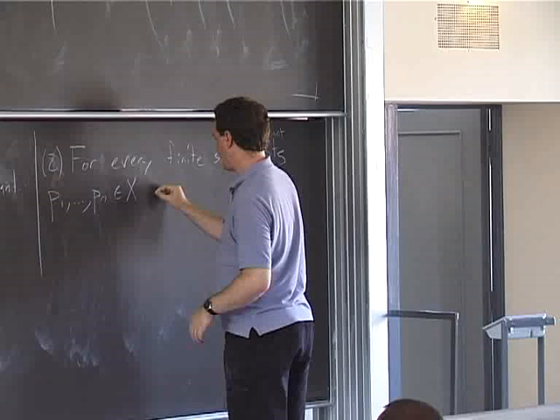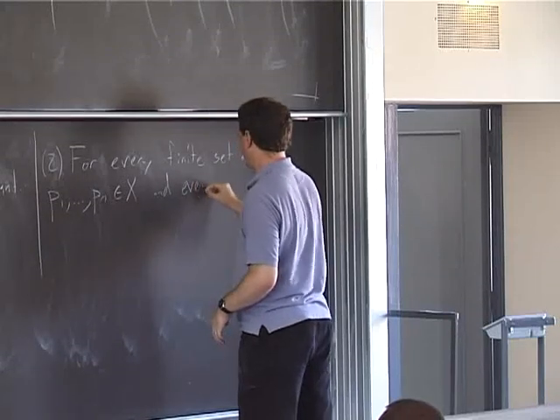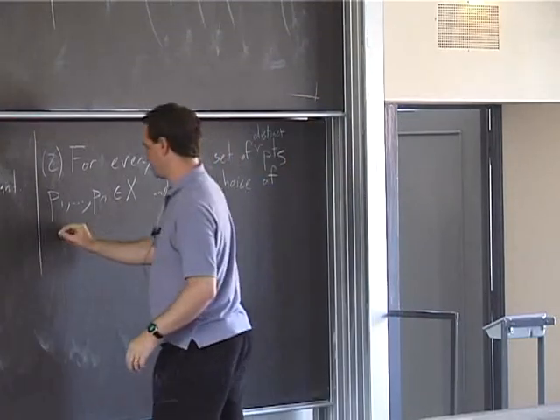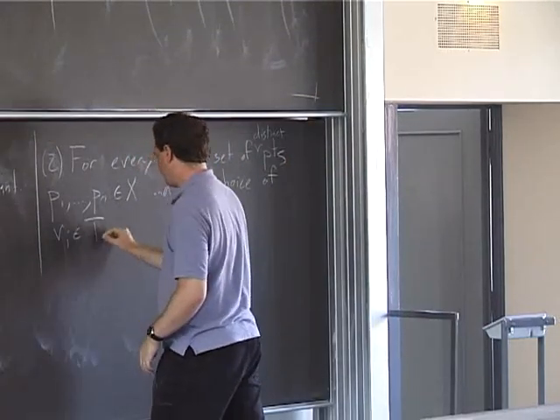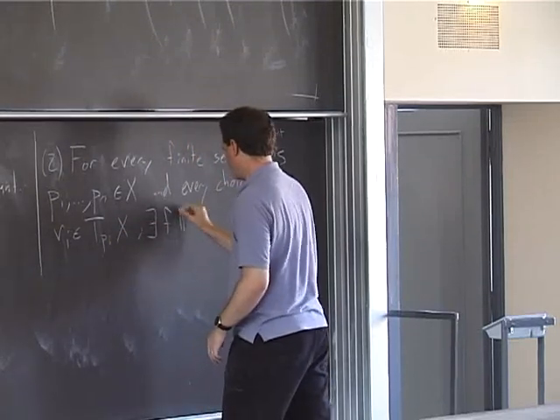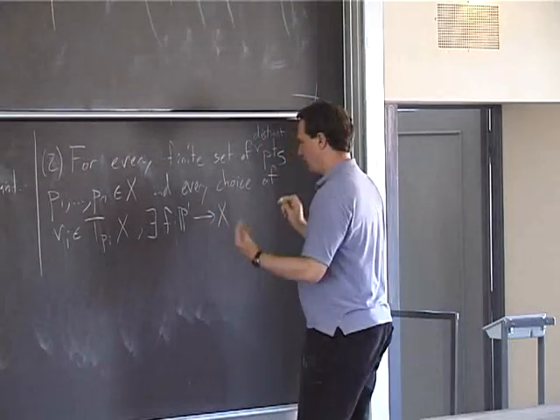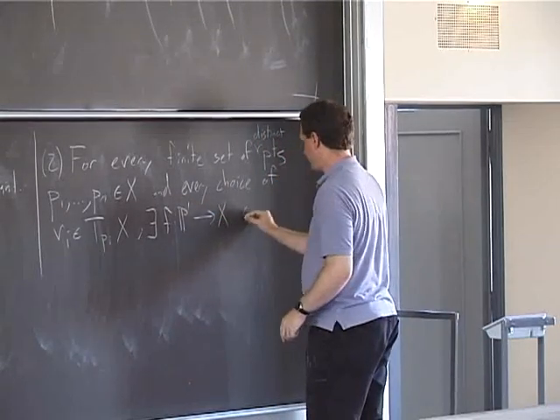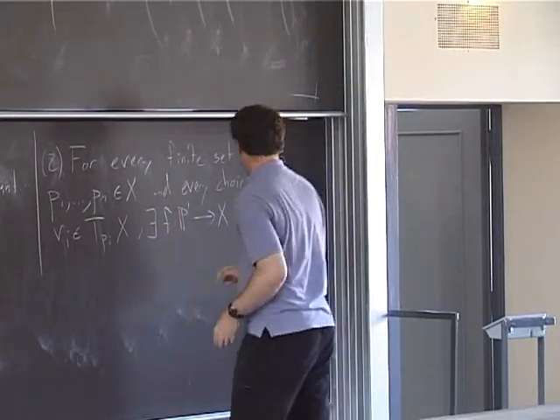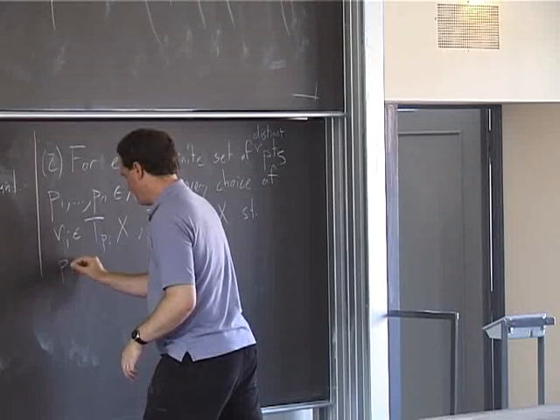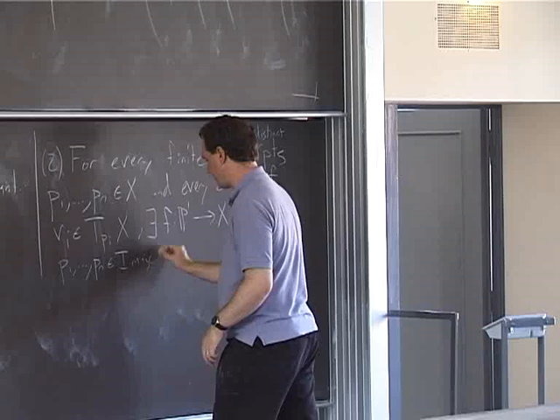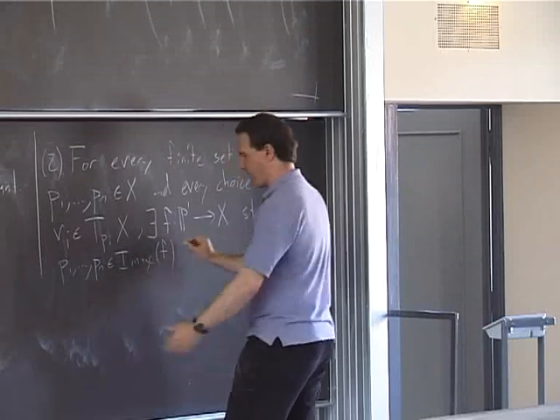And moreover, every choice of a tangent vector at each of these points, so a choice of some element in the Zariski tangent space of X, there exists a morphism from P1 to X such that all of these points are in the image. The morphism is an immersion at each of these points, and the tangent vector is in the image of the derivative map. You can even specify which points in P1 map to these points.